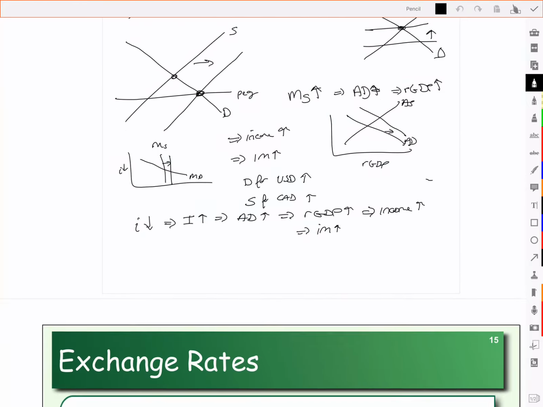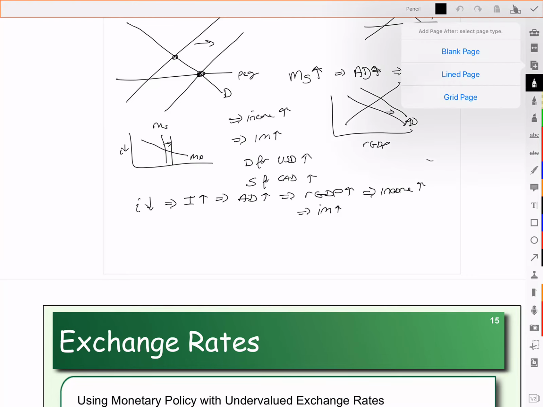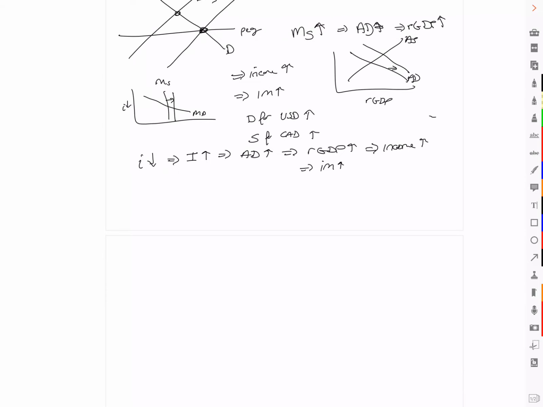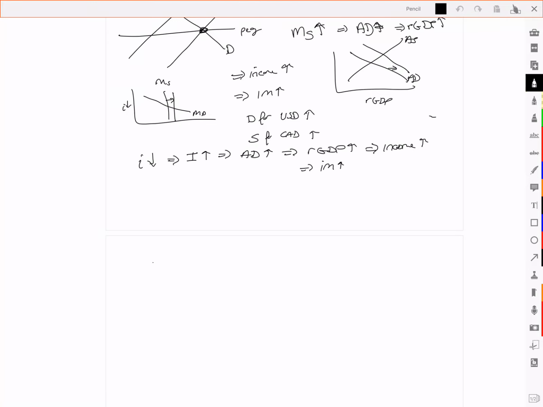The other way you can look at the impact, just add one more graph or blank page here. The other thing we can look at when you change interest rates is the change interest rates have on foreign investment. So if interest rates go down, then Americans want to invest more or less in Canada.